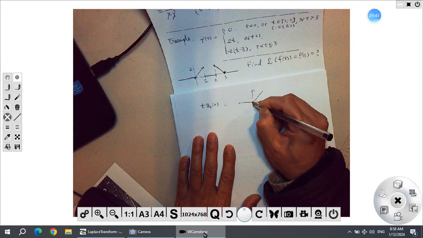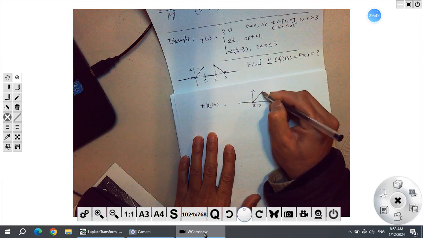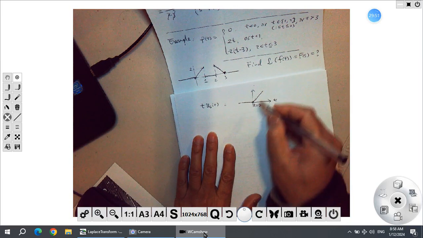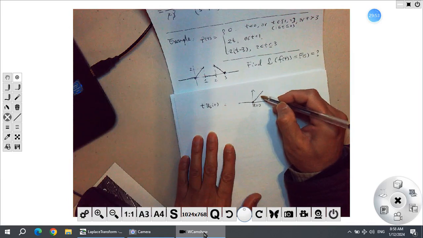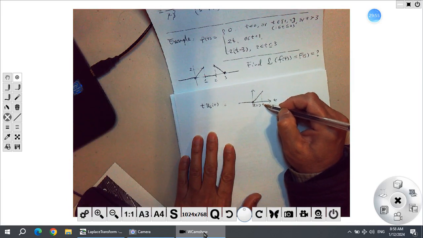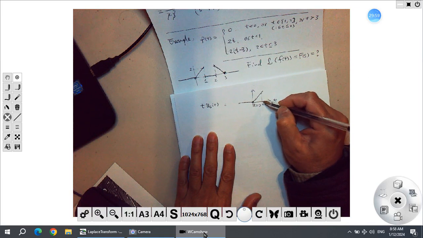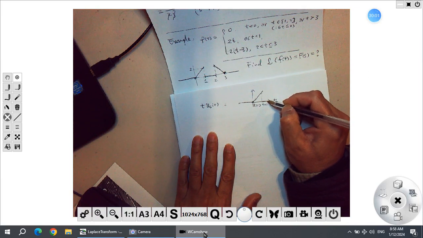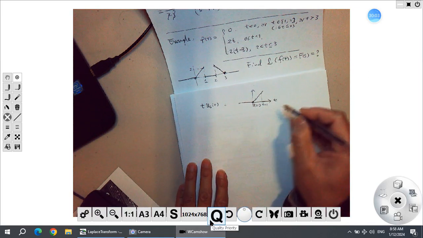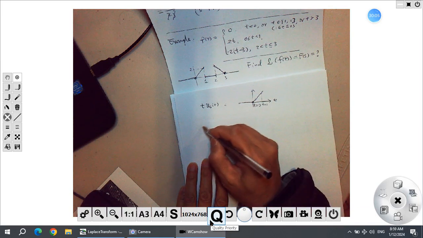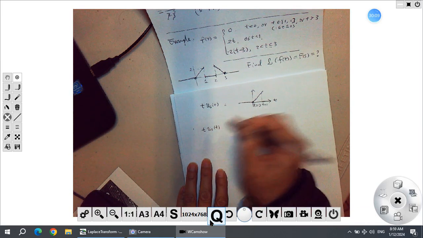For positive t, u is 1, so it is just t. And now here is t equal to 1. After 1, here will go to 0. Right? So we need a t u(t). How to go to 0?